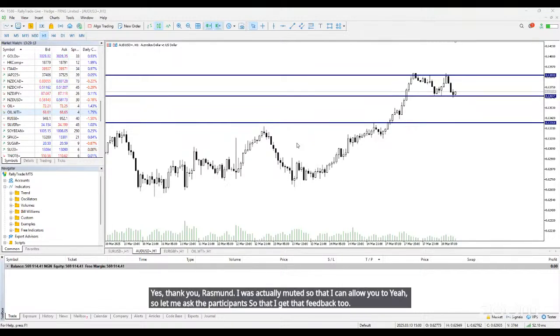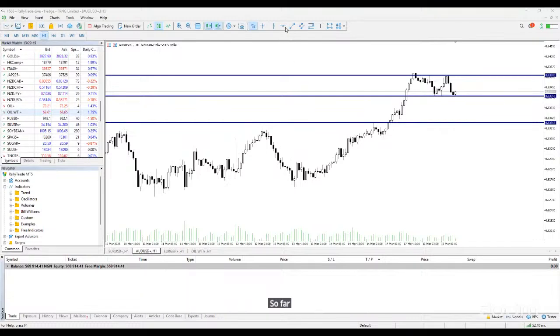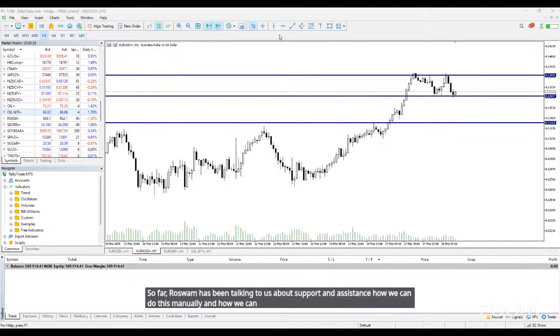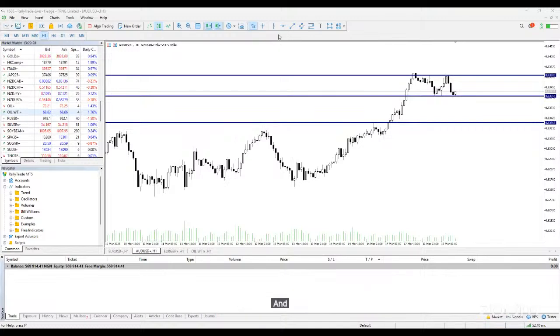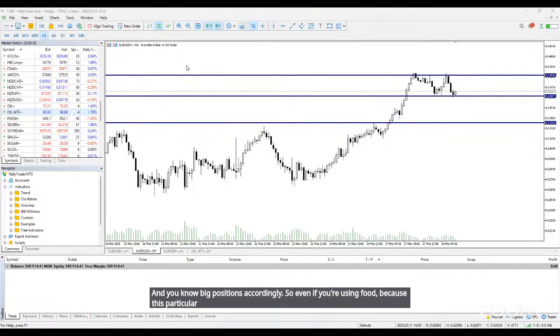So far, Razvan has been talking to us about support and resistance, how we can do this manually, and how we can use especially 4 hours, 1 hour to predict the trend and take positions accordingly. So even if you are using phone, because this particular discussion, I know a lot of people are on the phone, and this could be a challenge to them, right?